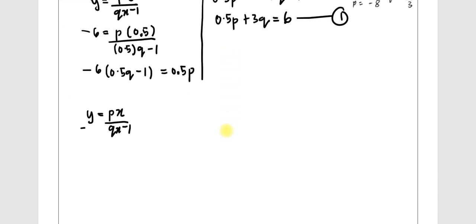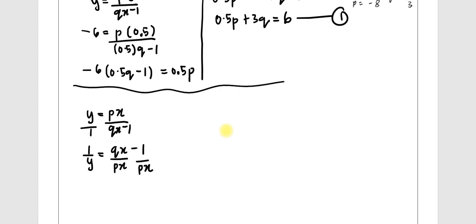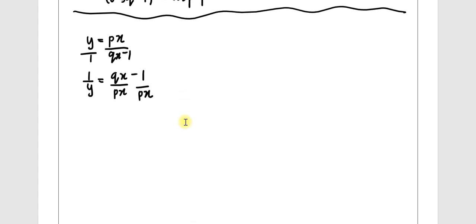So we just flip it. When we flip it, it will become qx minus 1 over px. I put it separately. So 1 over y equals to x and x can cut, q over p minus 1 over p, and then the x I can write as 1 over x.